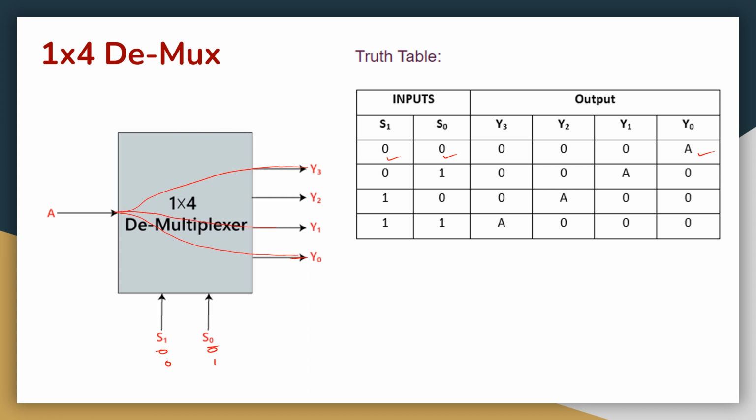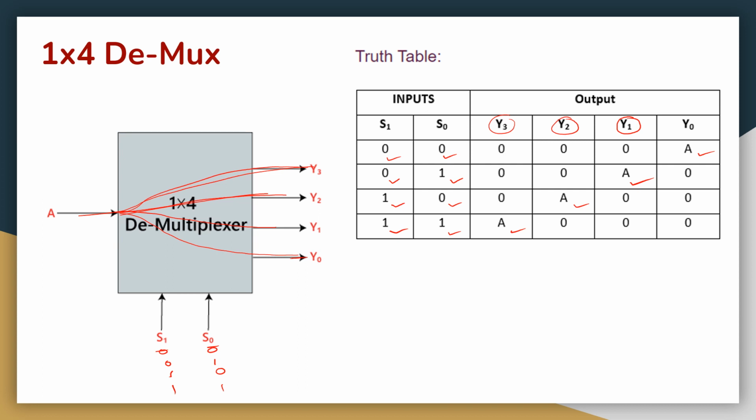That case is represented here. Next, if S1 is 1 and S0 is 0, then A is forwarded to Y2. Okay, the last case, if both are 1s, then A is forwarded to Y3.